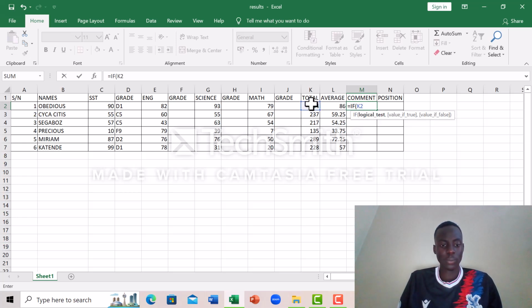K2 is greater than or equal to 200, let's assume the average mark is 200.